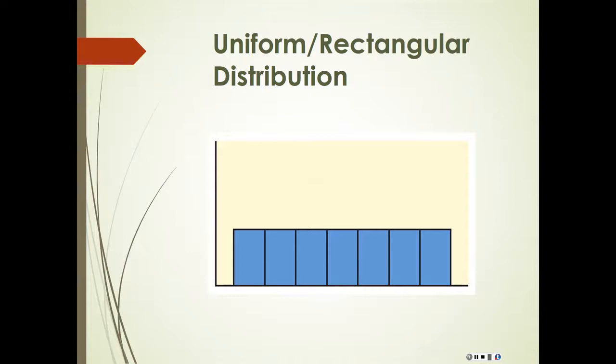Now this would not be non-uniform if, for example, the first bar was just a little bit taller and the next bar was just a little bit shorter, and then this one's a little bit taller, and this one's a little bit shorter, we would still refer to that as relatively uniform. They don't have to be exactly the same frequency. But if you read down your frequency table and you see 3, 4, 4, 3, 5, 4, 3, okay, that's pretty uniform, somewhere between 3 and 5 for all the categories.